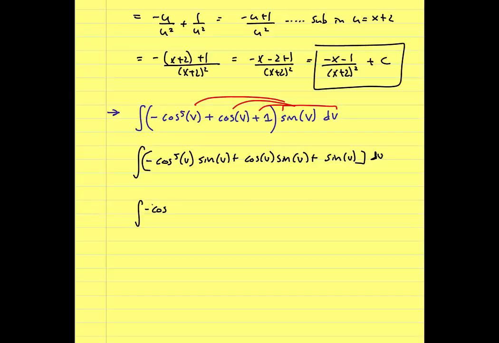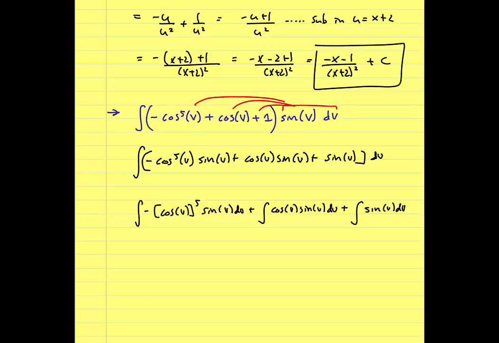I'm going to look at this as negative cosine to the 5th, so the negative is out front. So that's one integral, plus the integral of cosine of v sine of v dv, and there's another integral, my last one, sine of v dv.